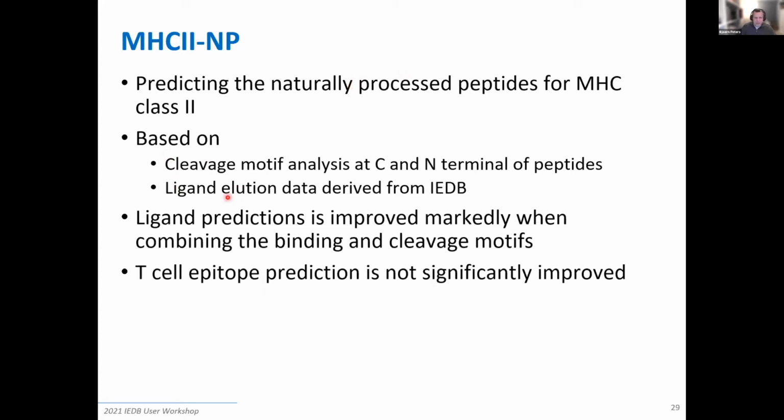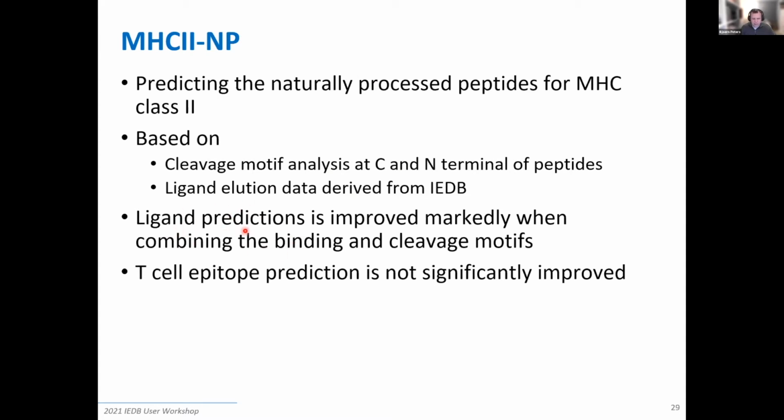So we used the ligand data that is found in the IEDB to do this analysis. And when we did that, we did indeed find very clear motifs, both at the C-terminal and the N-terminal end of peptides that are matching very specific cleavage motifs.